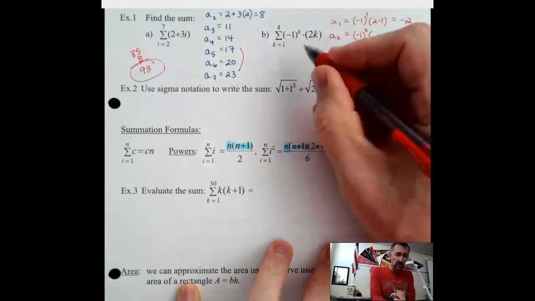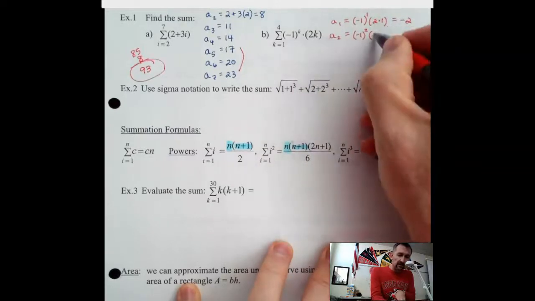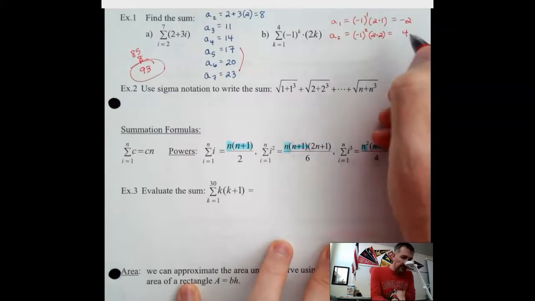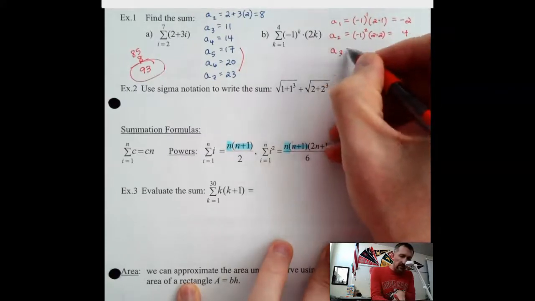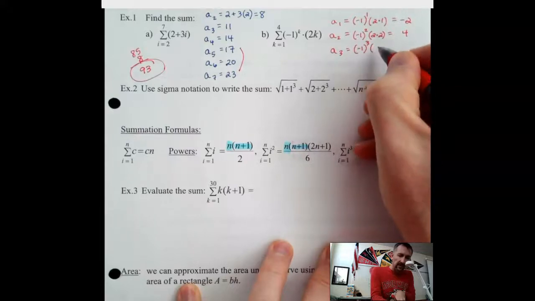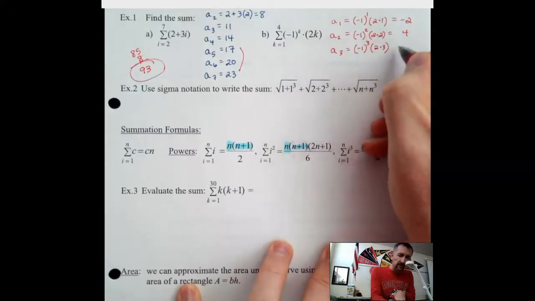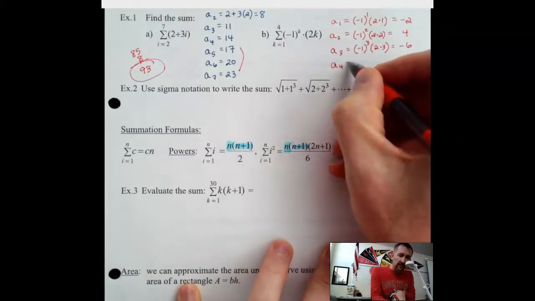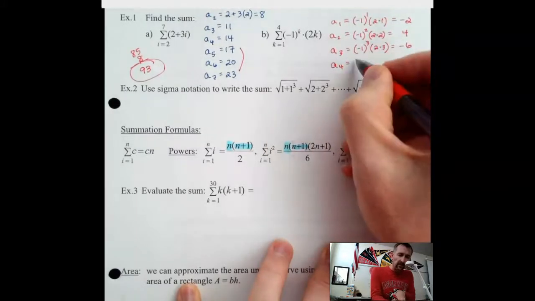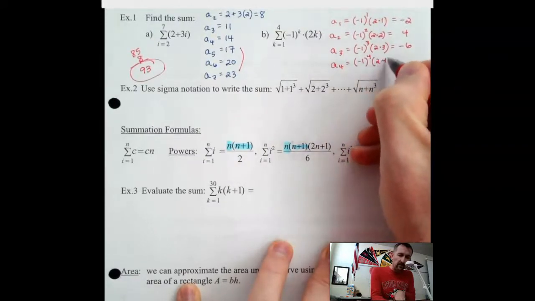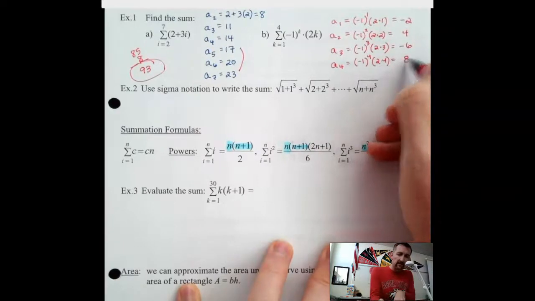It's going to be positive 1. Plug in 2 here, we'll have 2 times 2. So that's going to be 4. And then negative 1 cubed, we're going to be back to a negative, and 2 times 3, that's going to be negative 6. And finally, stopping at the 4th term, negative 1 to the 4th is going to be positive. 2 times 4 is going to be 8.